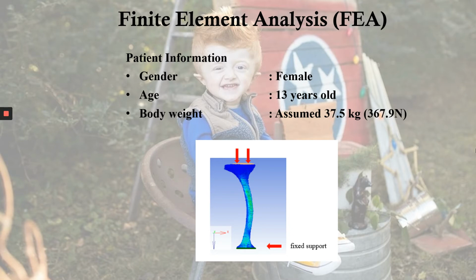The patient was a 13-year-old girl, and her weight information was based on the chart, which is 37.5 kilograms, equivalent to 367.9 Newton. Therefore, the same weight was used in these simulations to observe the behavior of bone.